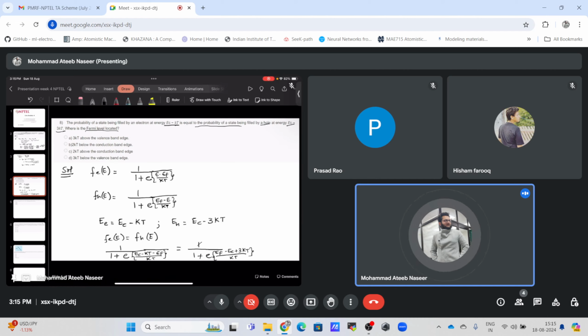So the ones will go, and we will be simply left with the exponentials.